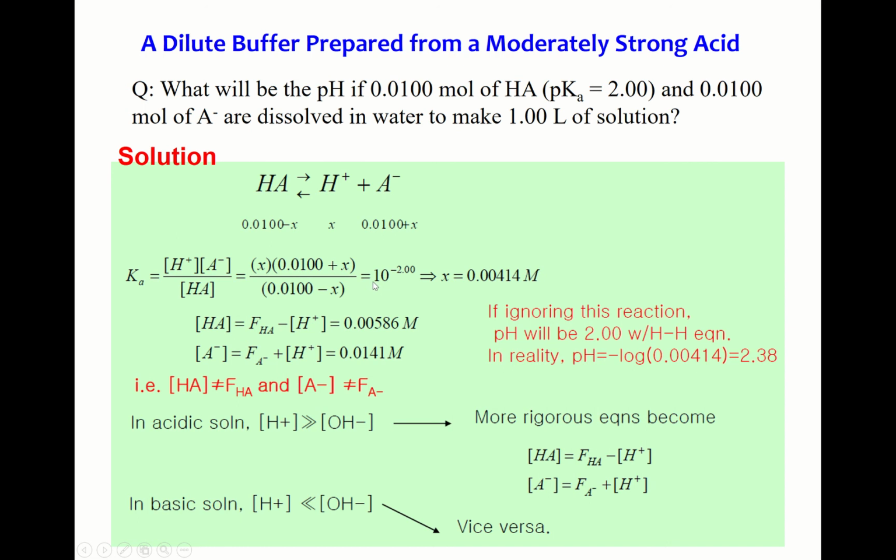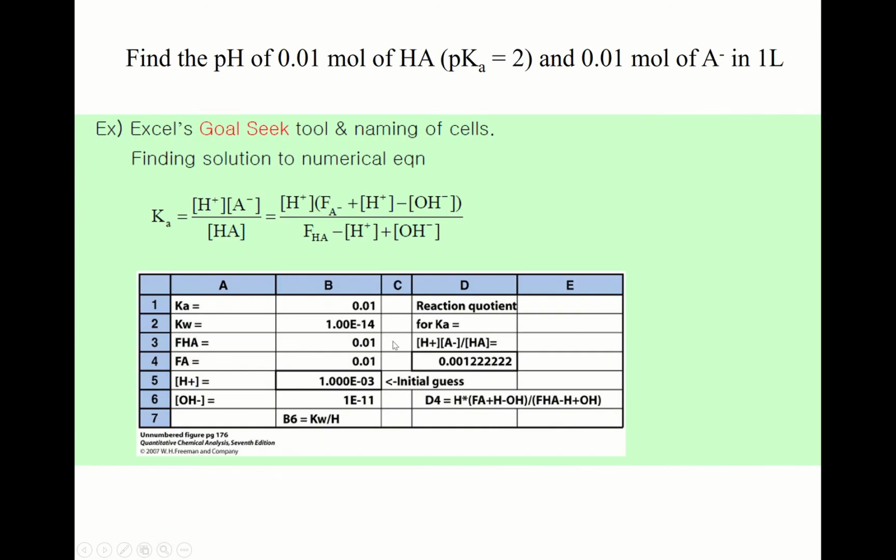Now let's do it with Goal-Seek. I already gave you a lecture on Microsoft Excel, and one of its functions is Goal-Seek. Goal-Seek is a very strong tool for finding answers to very complicated equations.